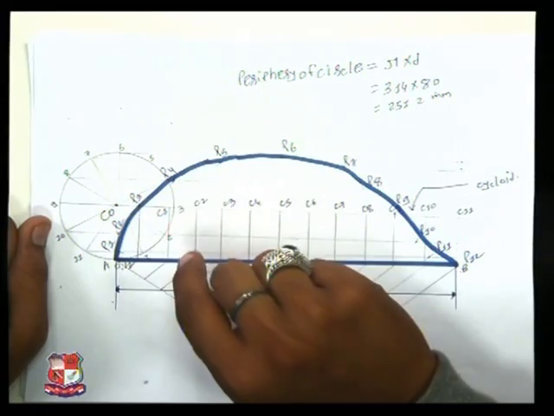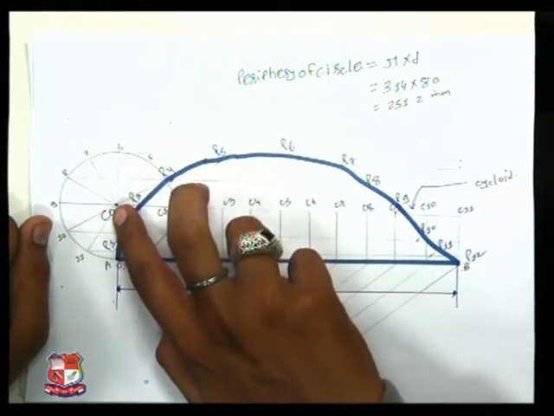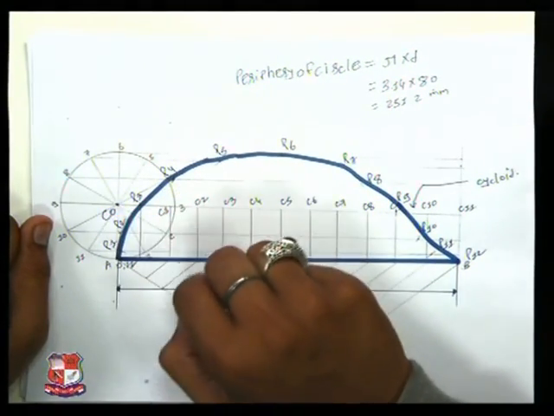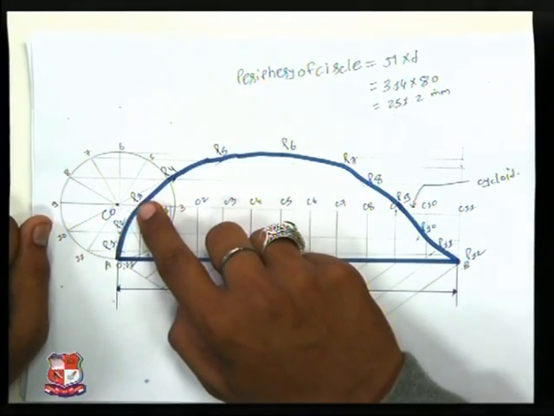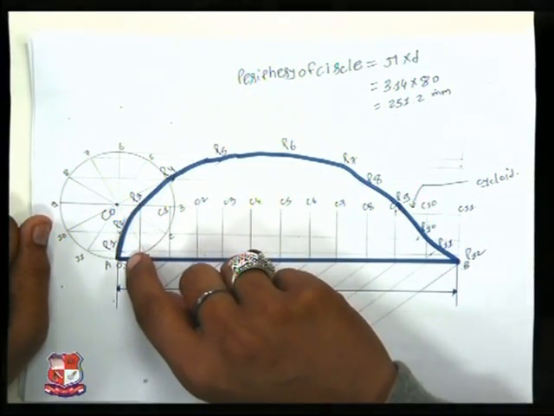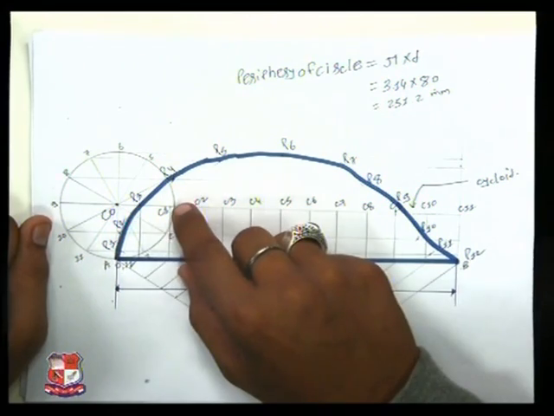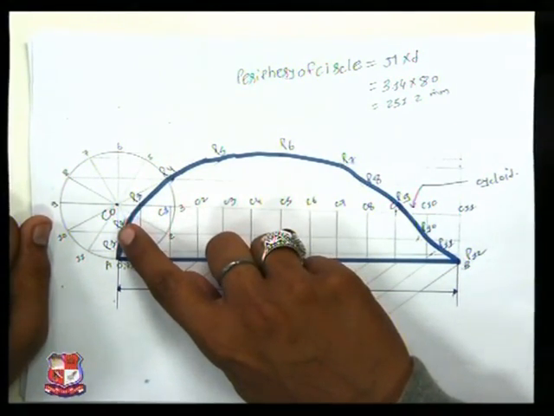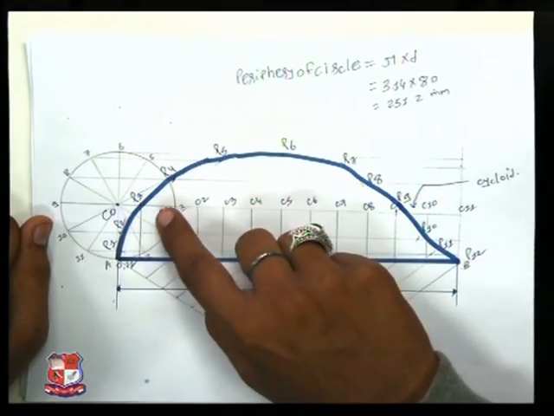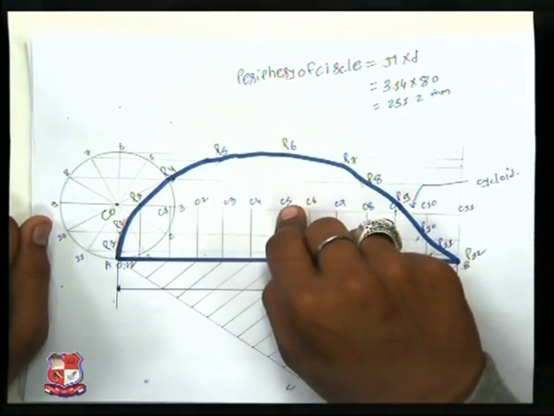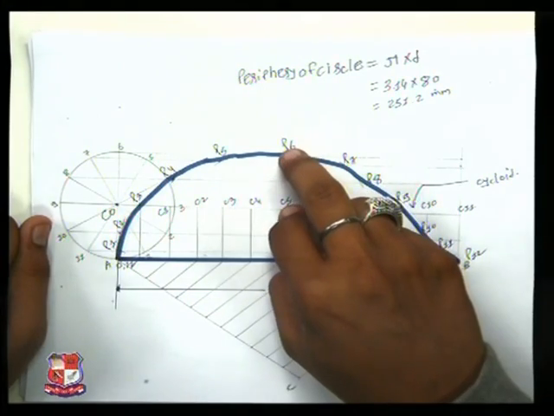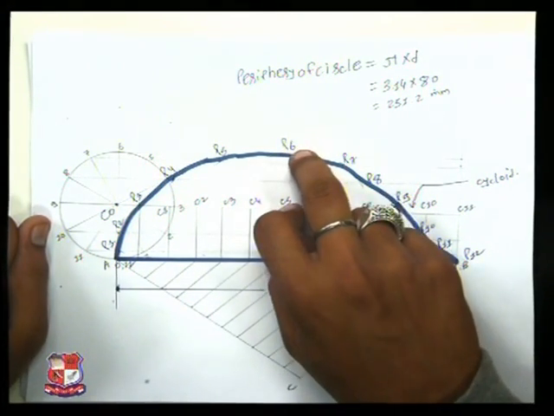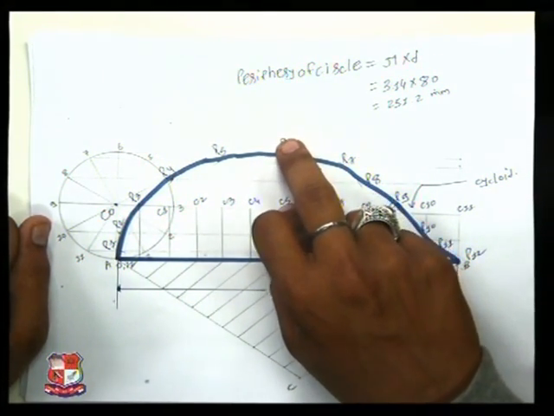Now we need to trace the curve, taking radius as 40 mm, C1 as center, marking an arc on the 1 and 11 line, C2 as center, radius as 40, marking an arc on the 2 and 10 line. Same way till C6. When you come to C6 and put an arc, this arc will be completely tangent.